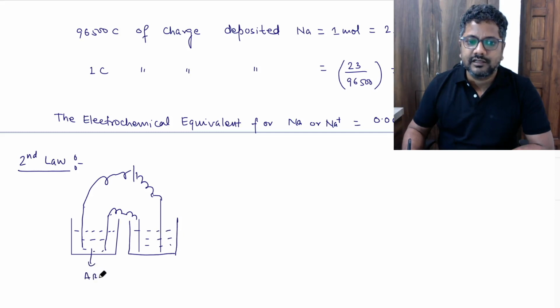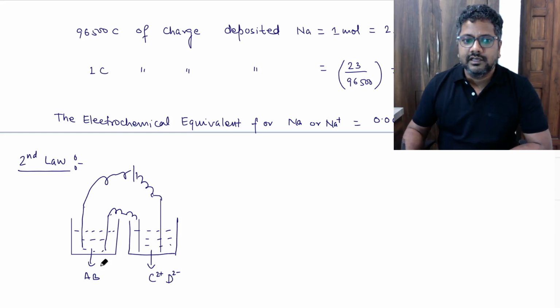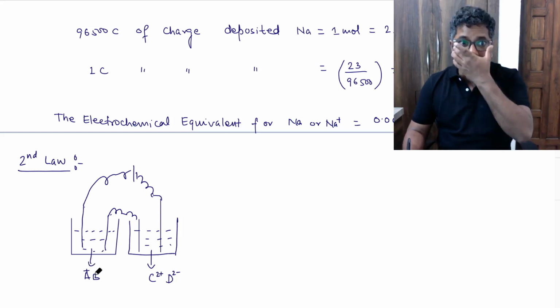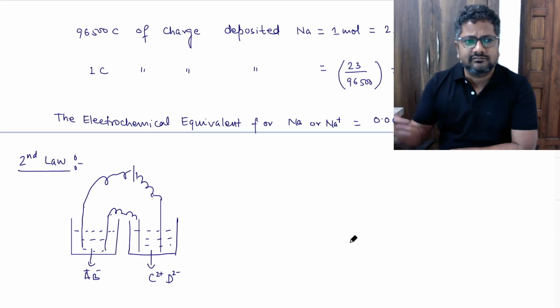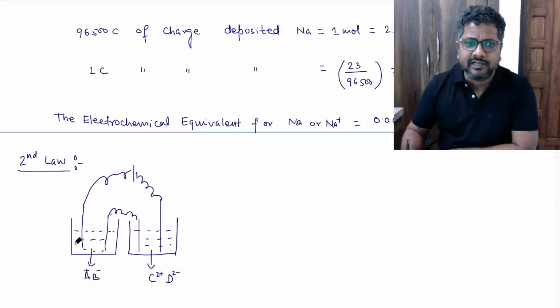Suppose that here we have electrolyte A plus B minus, and here C2 plus and D2 minus. Here I have taken univalent and here divalent. You can take one more, divalent, trivalent, whatsoever. That hardly matters. So I am taking only two.